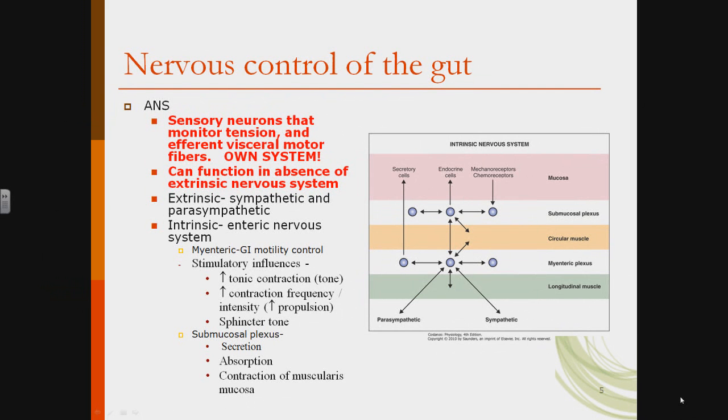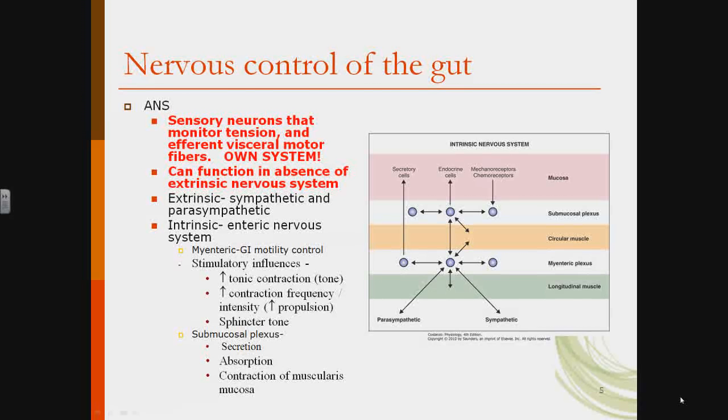Now I want you to know that this intrinsic neuronal system is its own system. There are sensory neurons that monitor tension and what kind of food you have in there, and there's also efferent outgoing commands. Should we increase propulsion, get rid of this, it's nasty, more diarrhea? Should we absorb it? And all of this can function on its own.